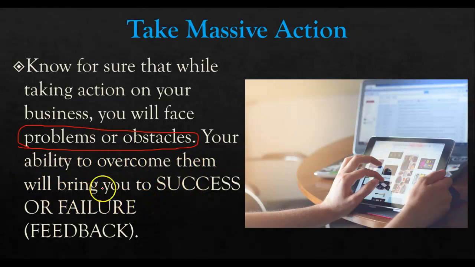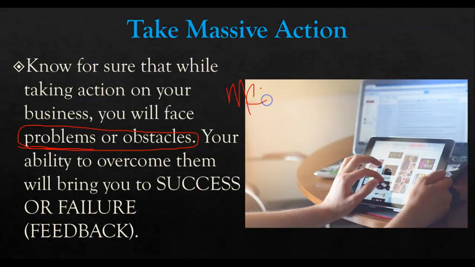Okay. So there is nothing for nothing. So as you take massive action, it doesn't mean that you are not going to encounter any kind of obstacle. You are really going to have obstacles. Problems are going to come. All right. So like I was saying, go through your mentors.